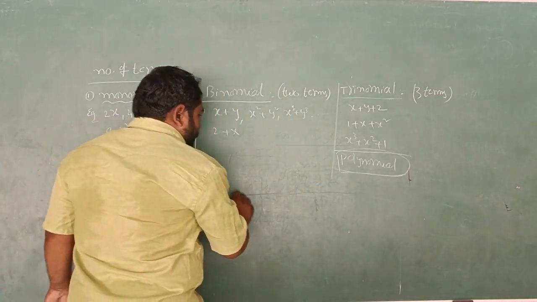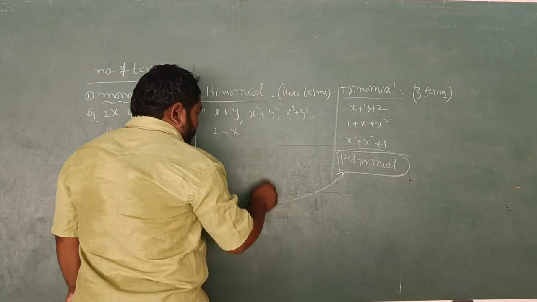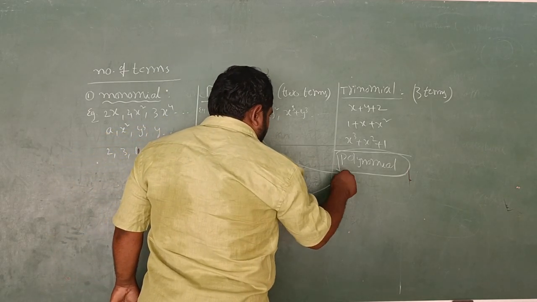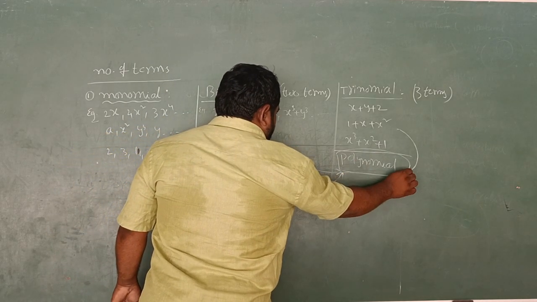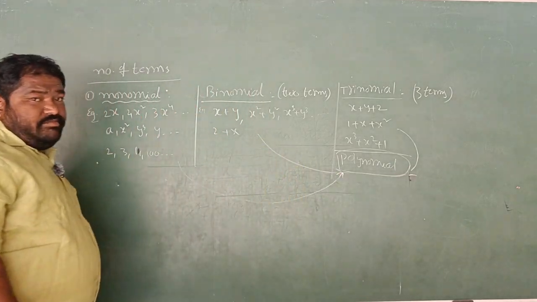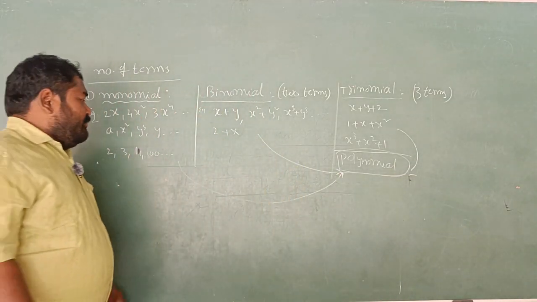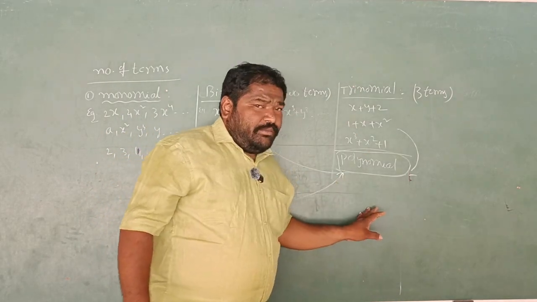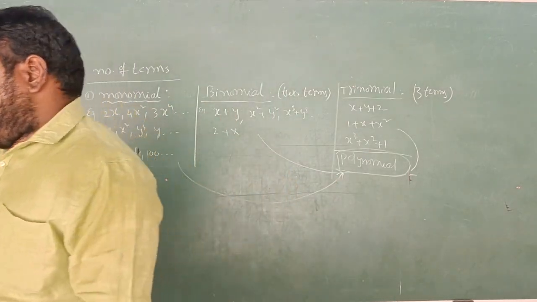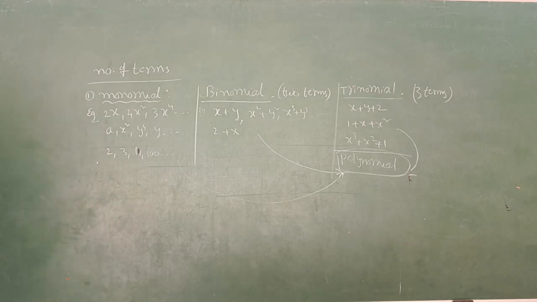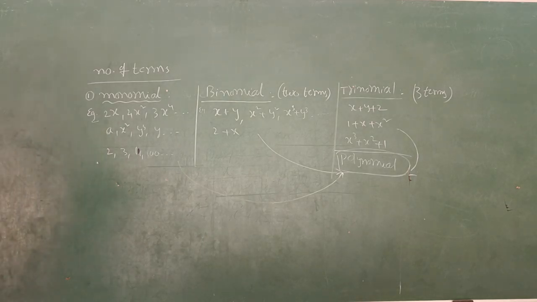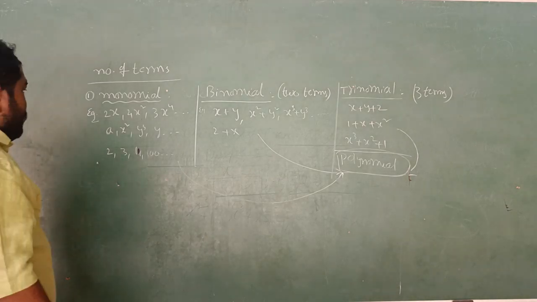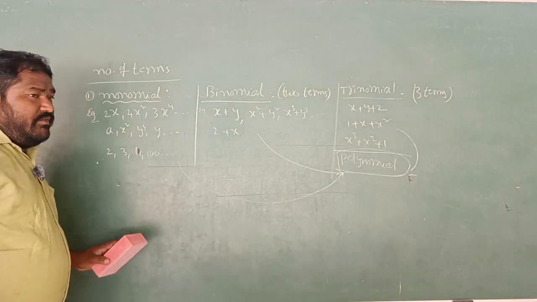Every monomial is a polynomial. Every binomial is a polynomial. Every trinomial is a polynomial. This is regarding the classifications of polynomial based on the number of terms.